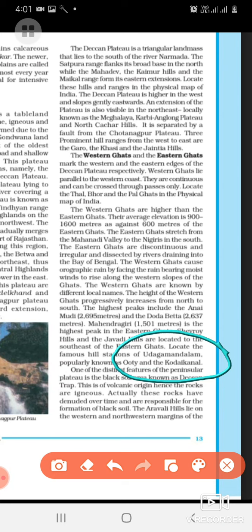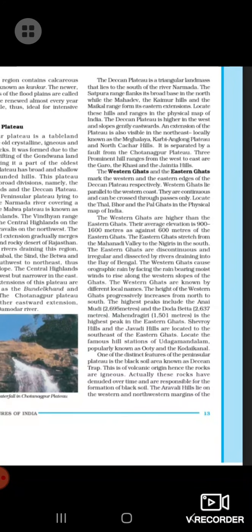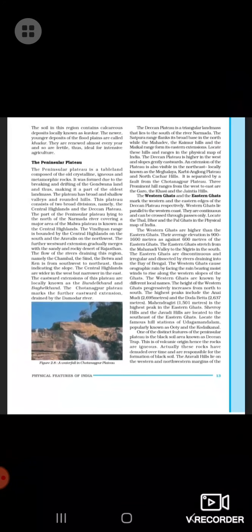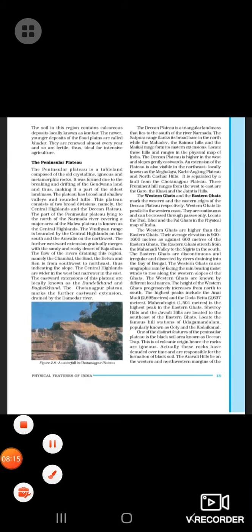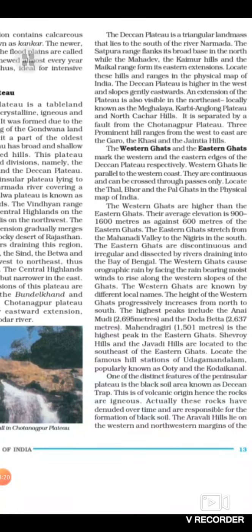Okay, let's start with the Eastern Ghats. They stretch from the Mahanadi Valley to the Nilgiris, and they are discontinuous, irregular and dissected by rivers.